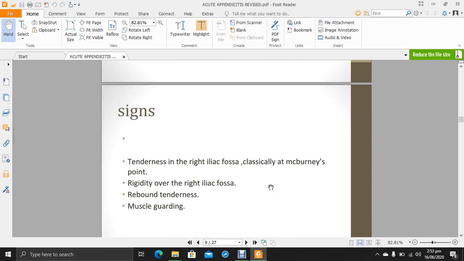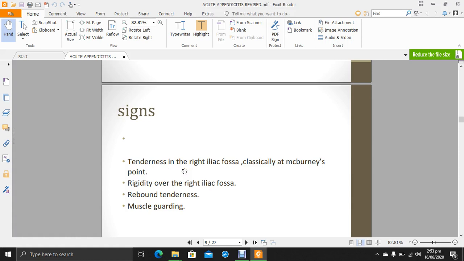As far as the signs of appendicitis are concerned, there is tenderness in the right iliac fossa, classically at McBurney's point. McBurney's point is an imaginary point that lies at the junction of the lateral 1/3 and middle 2/3 of an imaginary line between the anterior superior iliac spine on the right side and the umbilicus.